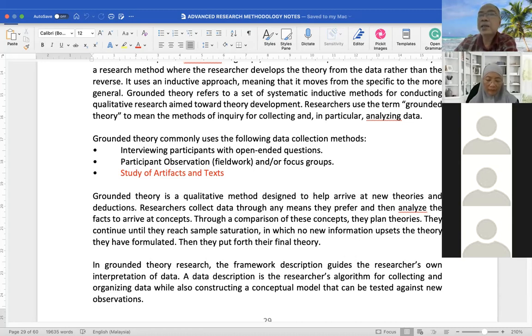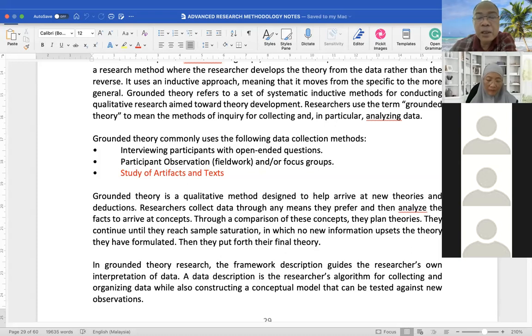And then they analyze the data that they collect, and they arrive at certain concepts. Based on the data, they will try to form the concept, form the theory. So in the end, they might have a new theory, right? They can form a new theory.